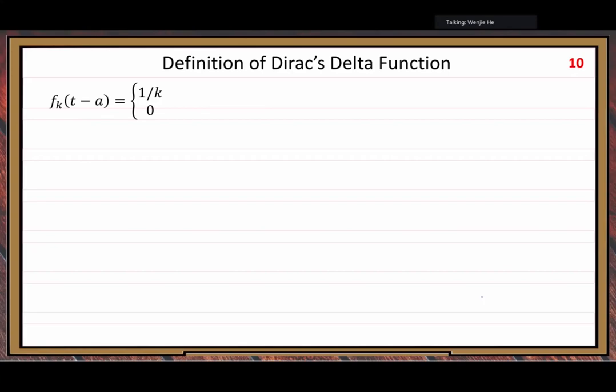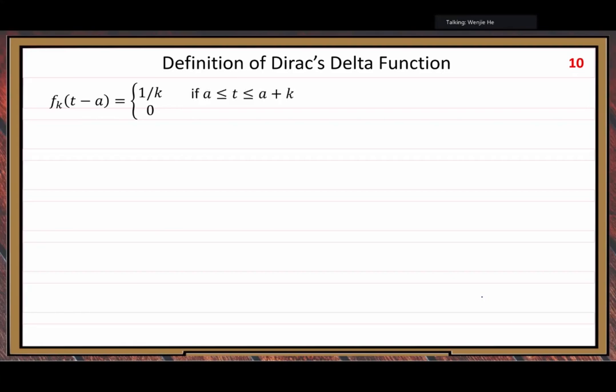So we introduce a new notation, f sub k, a function shifted, t minus a, so that it shifts to a. Remember our Heaviside function, we did this kind of shift. Shift a units to the right.